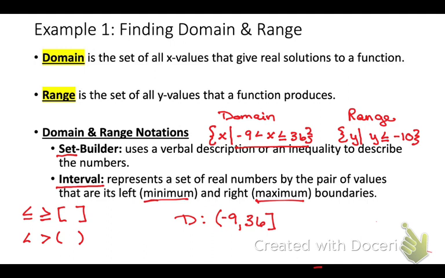Okay, so these two are the same. One is in set notation and one is in interval notation. I use set every single time I do domain and range because we use intervals for so many other things. I like to keep my domain and range separate. But can you use set notation or interval notation? Yes.